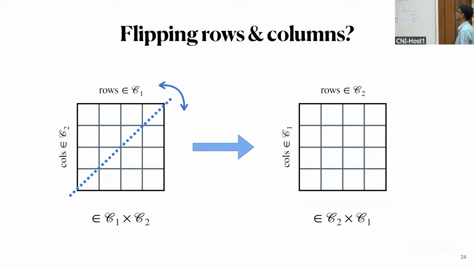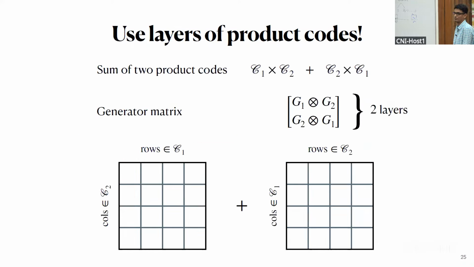Now what I would like is to go beyond this. I just want to flip. I take a product code word and I want to flip rows and columns, but in general this is not an automorphism, because now the columns which belong to C2 become rows. The row code and the column code could be different. So the product code is not working for me anymore, so I simply change the code. I take the sum of two product codes.